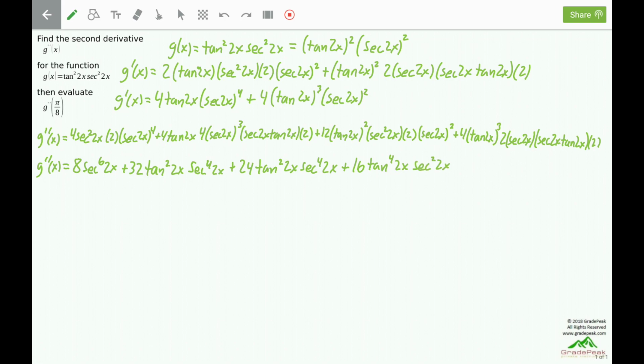Now the middle terms can actually combine together. These two terms have the same form other than differing coefficients, but they're both tangent squared and secant to the fourth. So we can add those together.